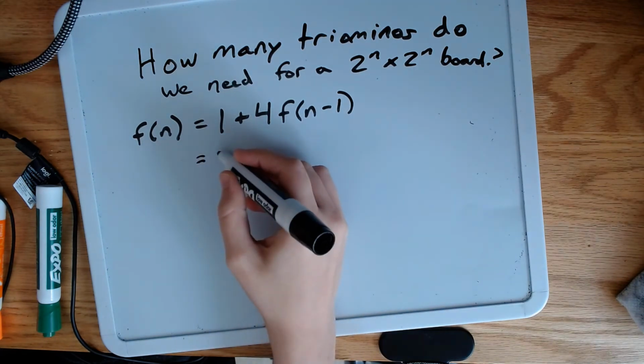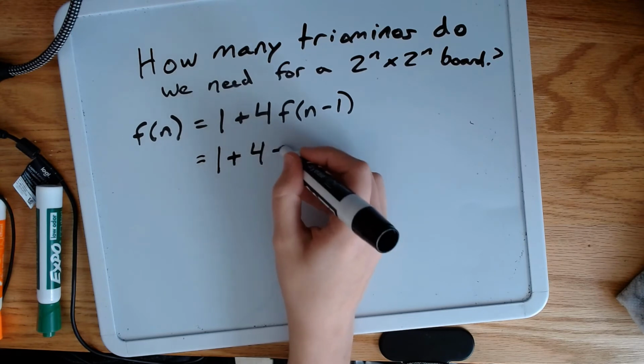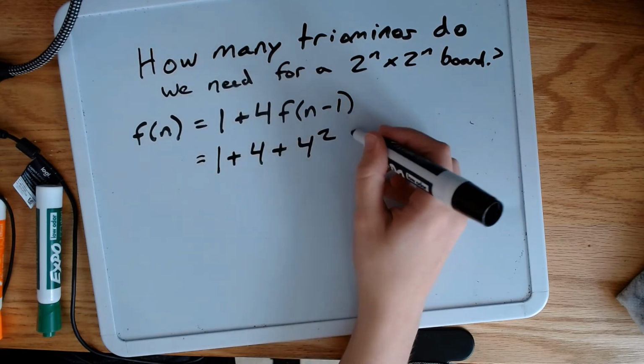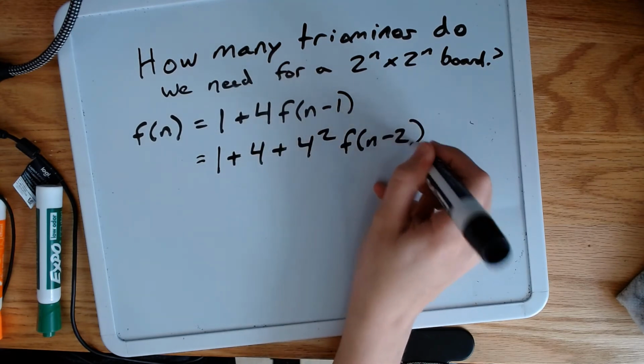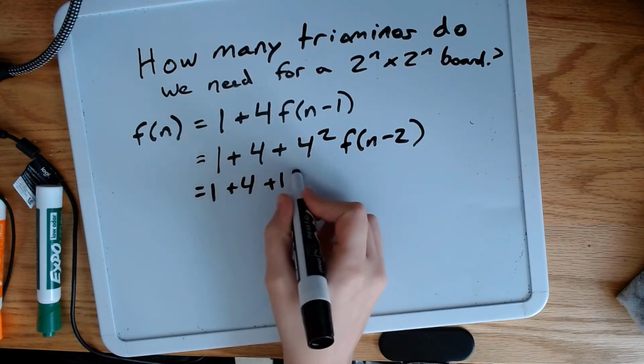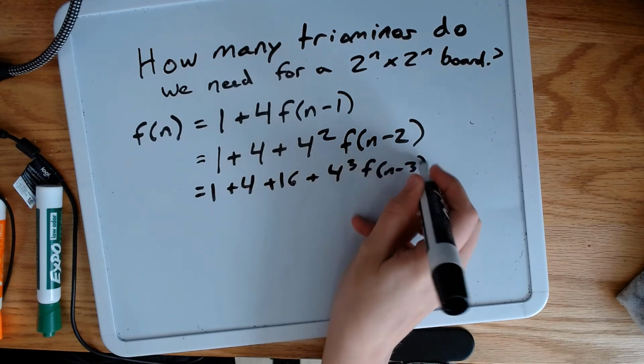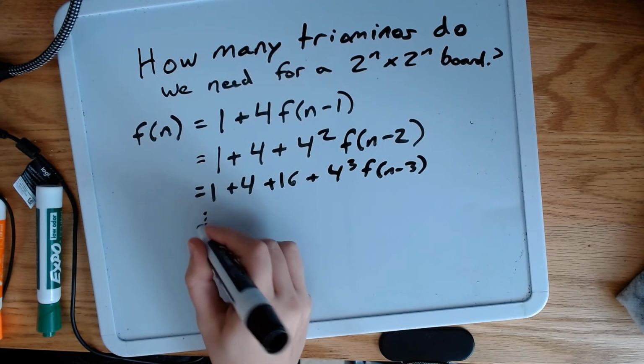So what we get here is 1 plus 4 squared times f of n minus 2, which is 1 plus 4 plus 16, plus 4 cubed f of n minus 3. Keep going.